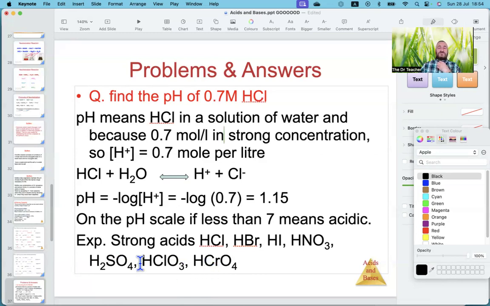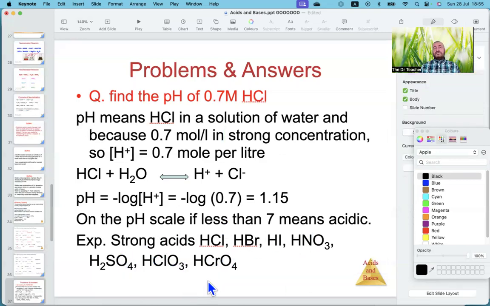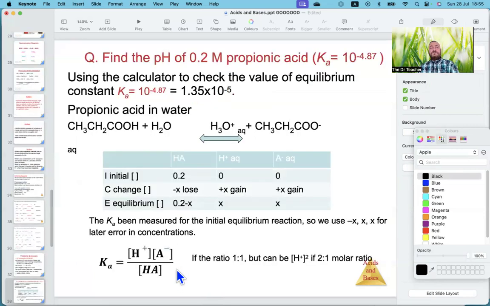These are all strong acids. Every time you find these famous acids, you give the molarity to the proton. So the molarity will go to the proton, and you can easily obtain the pH.